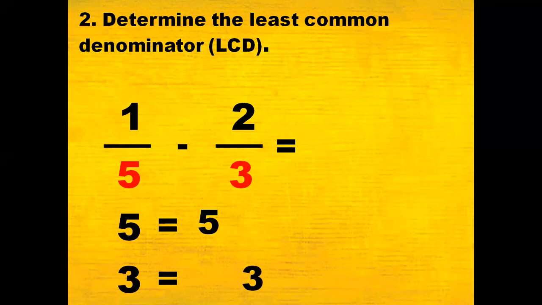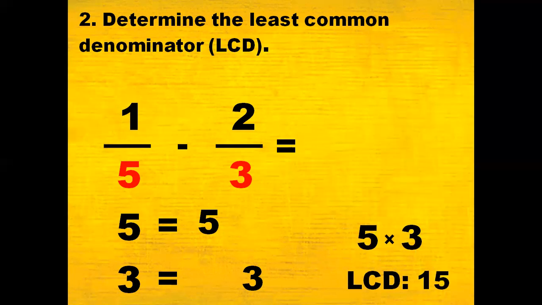The prime factor here is 3. So again, there is no number to be cancelled. But remember, the greatest common factor here is 1. So bring down 5 and 3. So 5 times 3. So the LCD now is 15.